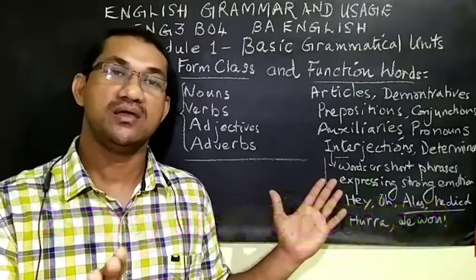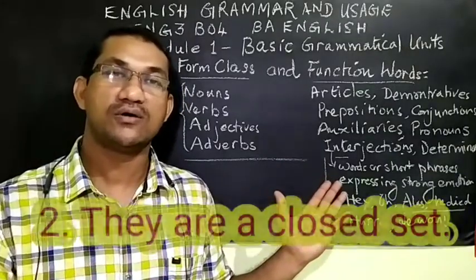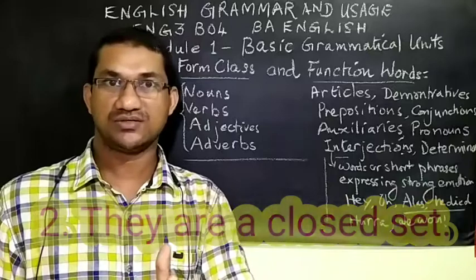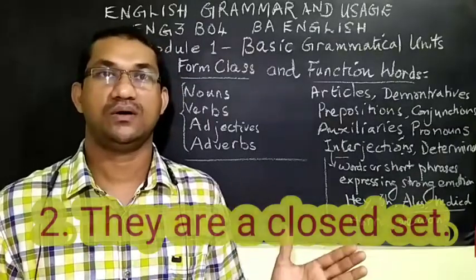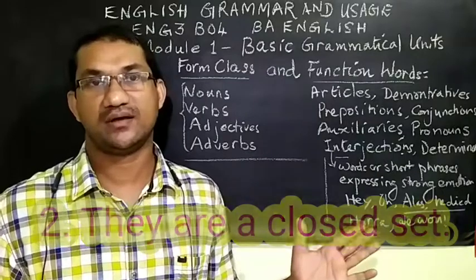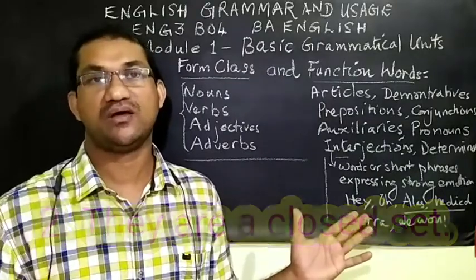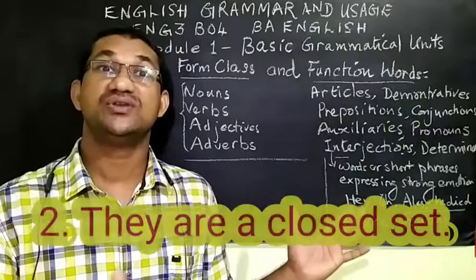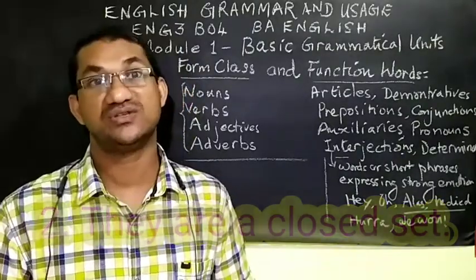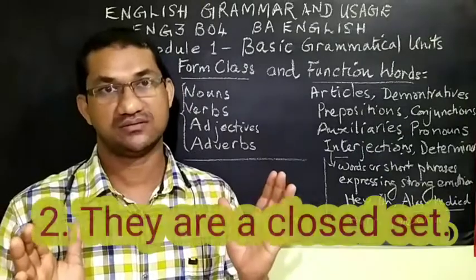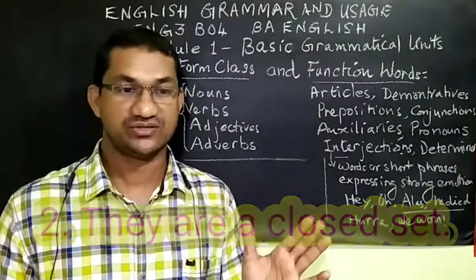Here they do not increase. Articles, just 3. Similarly, in all the categories like prepositions and auxiliary verbs, the number does not increase. Hence we say that the second aspect of function words is that they are a closed set.